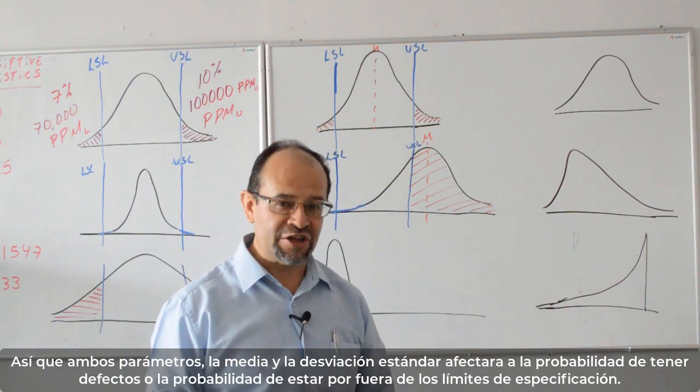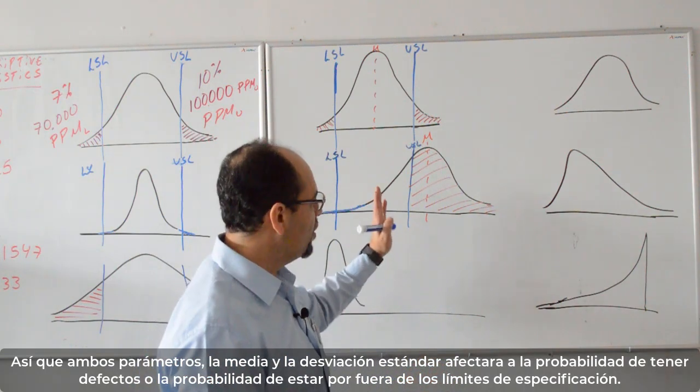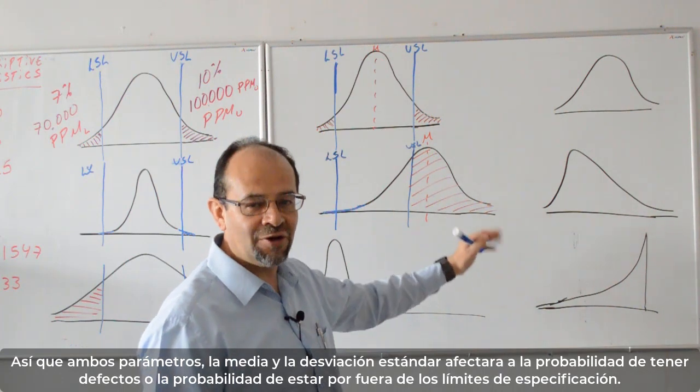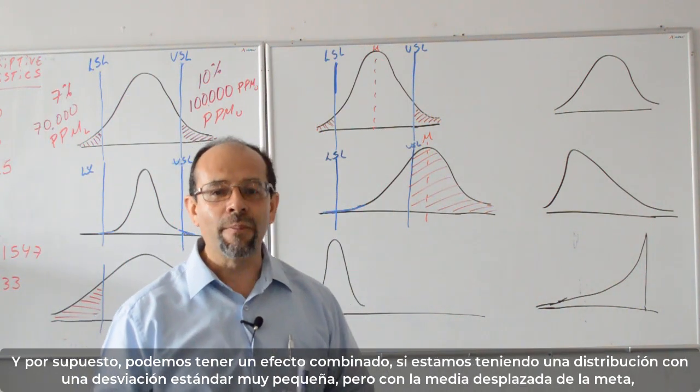So both parameters, the mean and the standard deviation, affect the probability of having defects, or the probability of being outside the specification limit. And of course, we can have a combined effect.